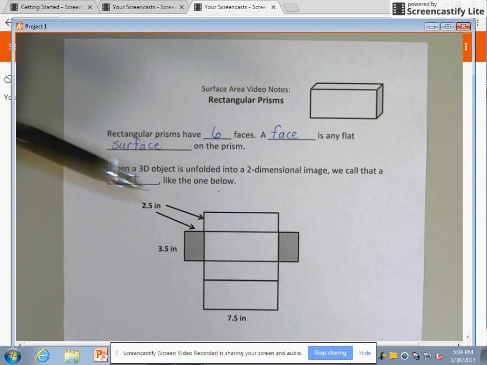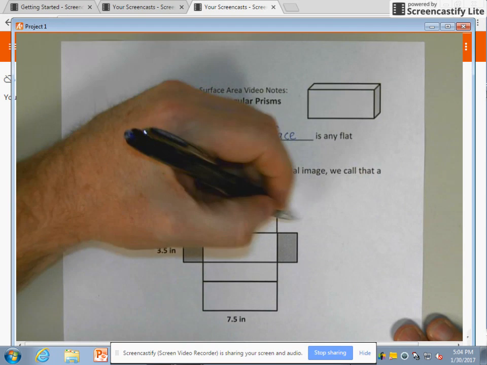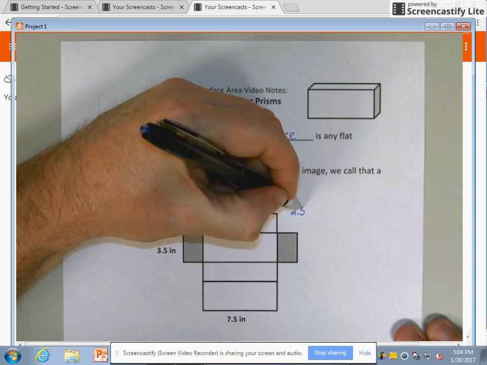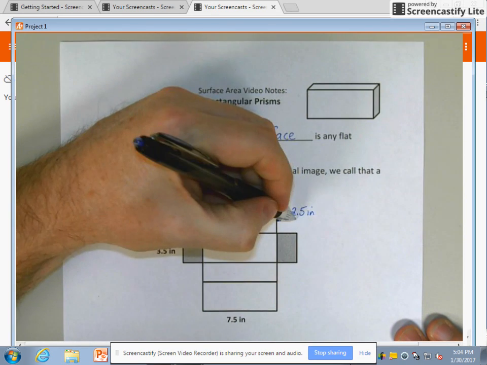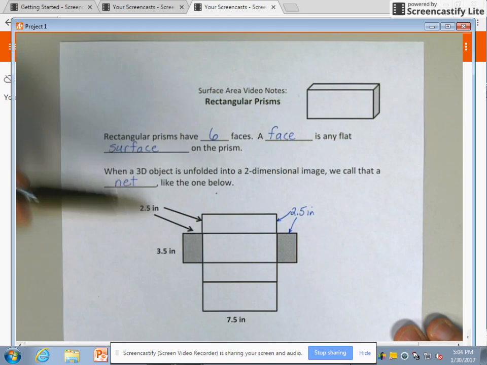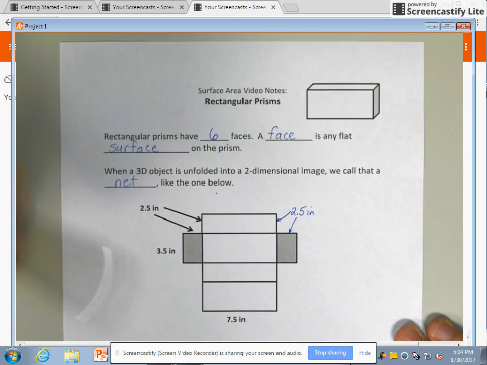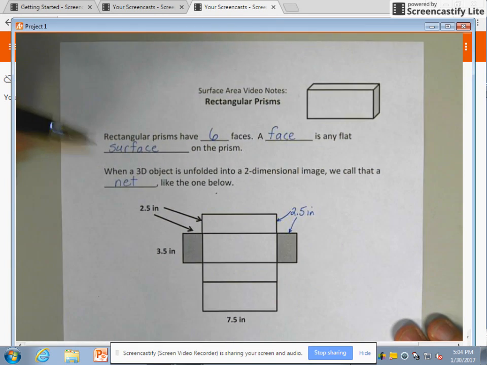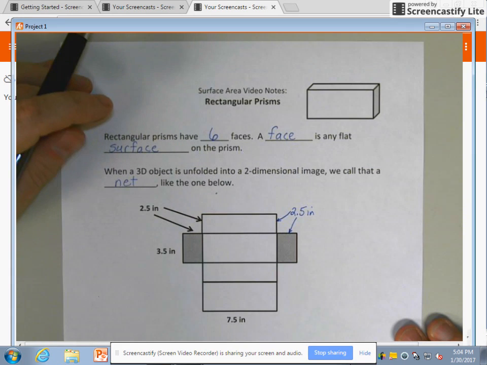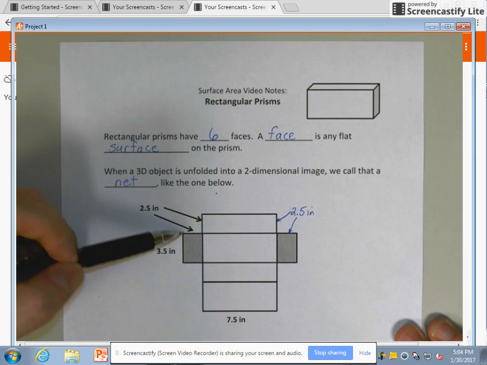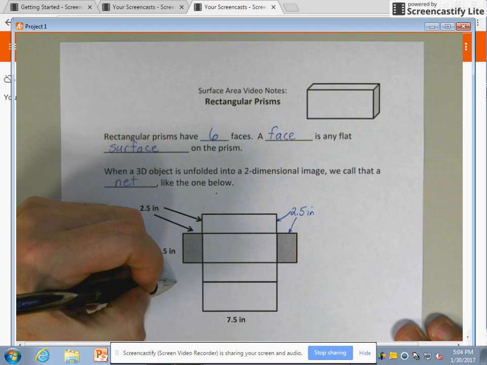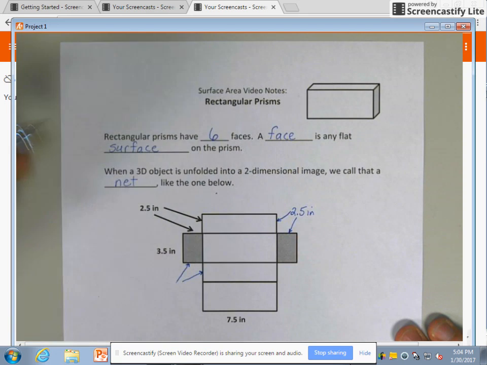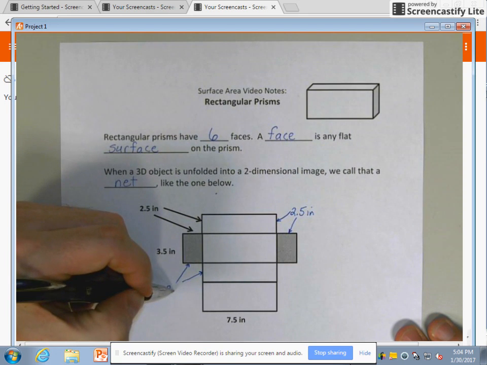For some students, it might be helpful to label the other side also. Sometimes it's helpful to label all of the edges, that way we're not making a mistake on which measurement it's supposed to be. So if these 2 are 2.5 inches, then here and here are also going to be 2.5 inches.